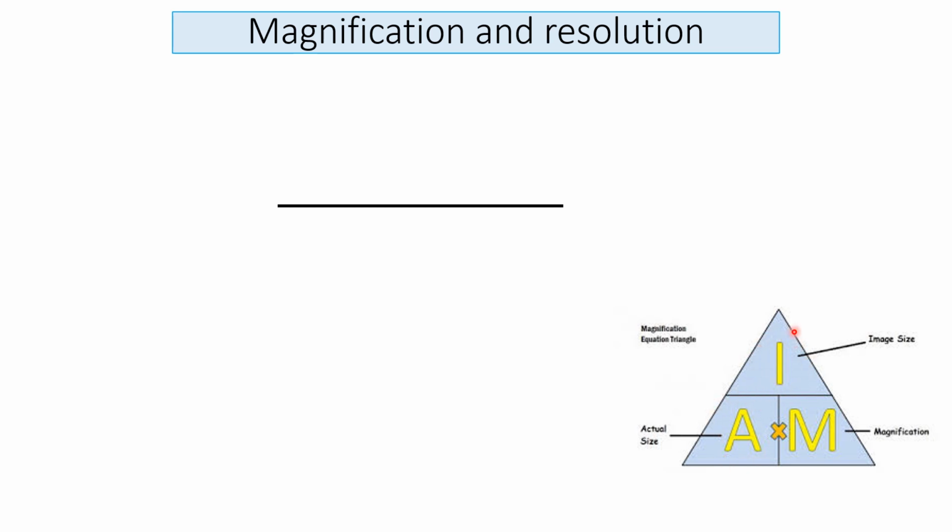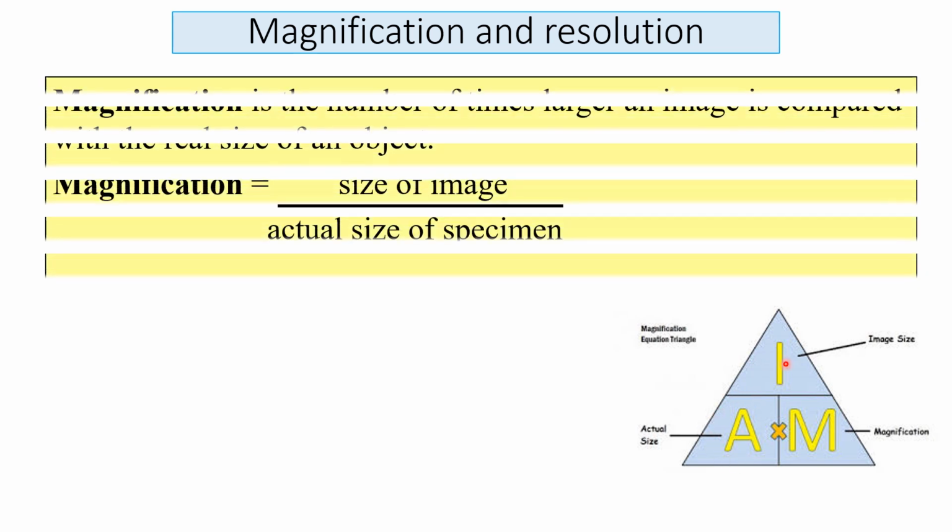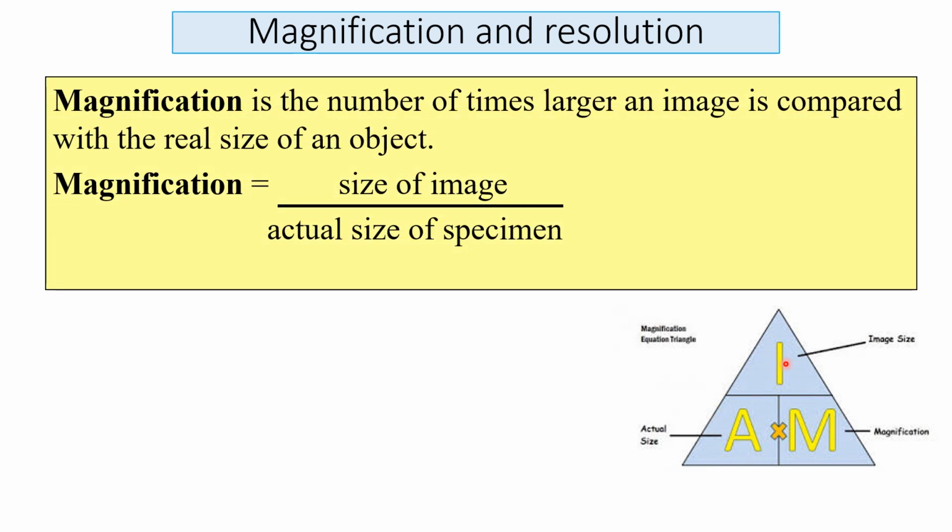You must say image and actual or real size in your answer. So magnification, number of times larger an image is compared to the real size of an object, and you do image divided by actual. And if I want to work out the actual size, I might do image divided by magnification. You're unlikely to be asked to work out the image size because you could measure that in the exam.